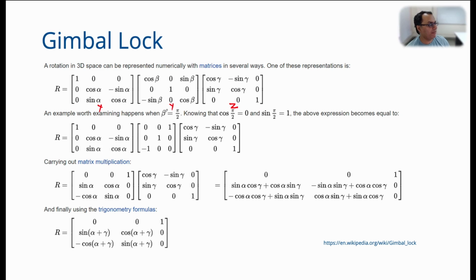And you see that if we substitute beta equal to pi by 2, thereby rotating by 90 degrees about the y-axis, and you figure out the composite matrix by actually multiplying these three matrices, so you multiply 1, 2 and 3, you are left with this matrix 4 where you have alpha plus gamma, and it does not matter whether you change alpha or whether you change gamma, you will get the same change in orientation of your object. The gimbal lock is usually not a problem during interpolation, but it is a problem during interactive manipulation.